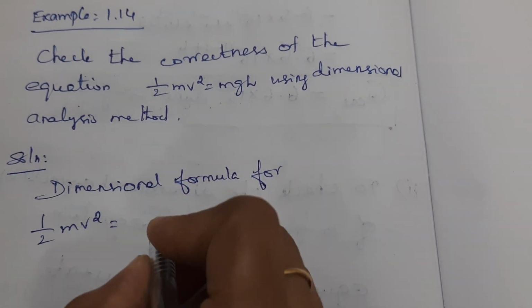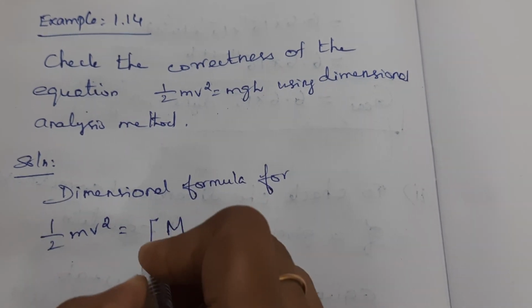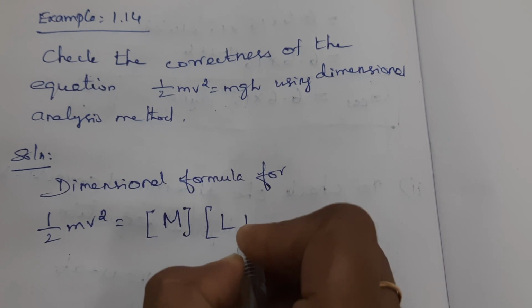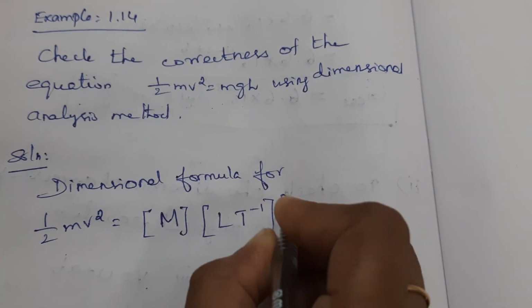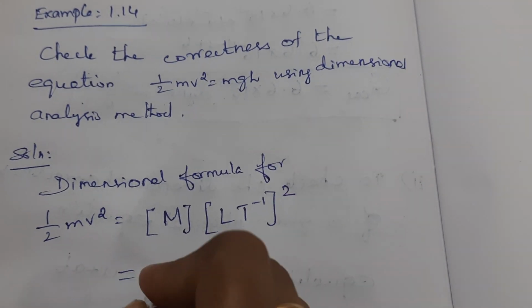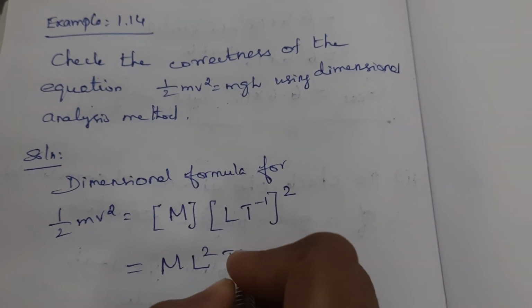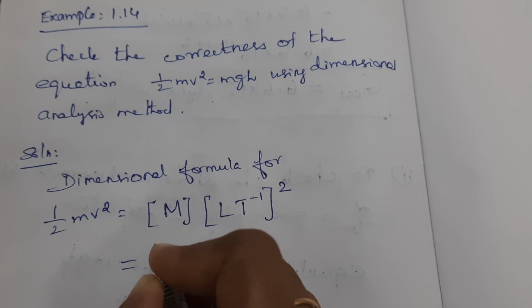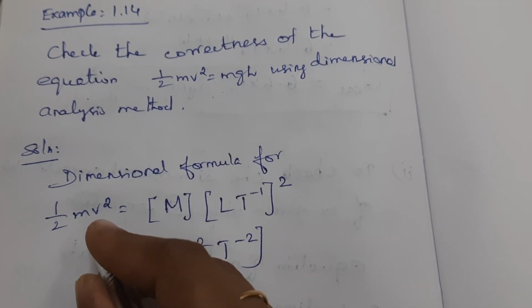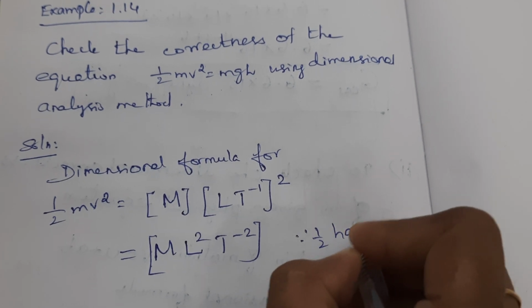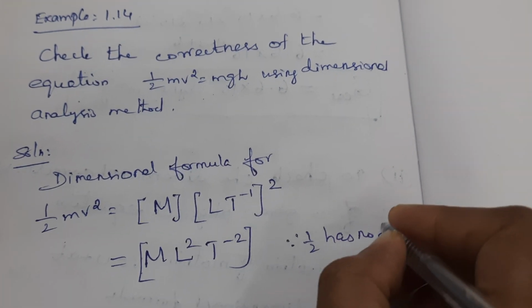Then m is mass. v square: velocity is LT raised to minus 1, the whole square. So it can be written as M L square T raised to minus 2. This is the dimensional formula for half mv square, since half has no dimension.